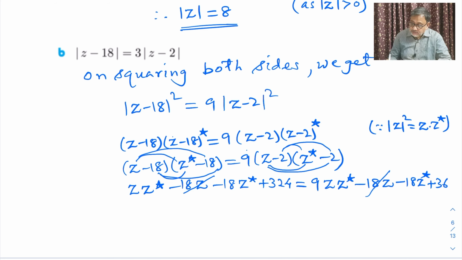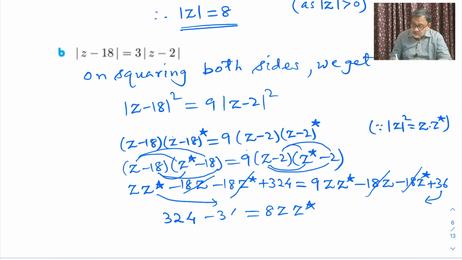So minus 18z will cancel and minus 18z conjugate will also cancel. Now what I will do, I will take z z conjugate to the right hand side. So it will be 8z z conjugate, and on the left hand side I have 324, and this 36 will also come here, so minus 36. Okay, so 324 minus 36, it will give me 288.